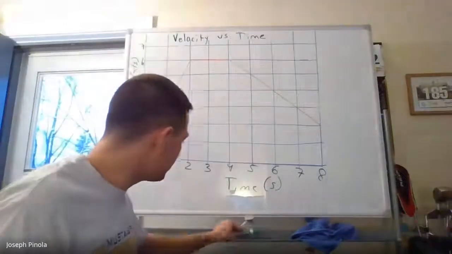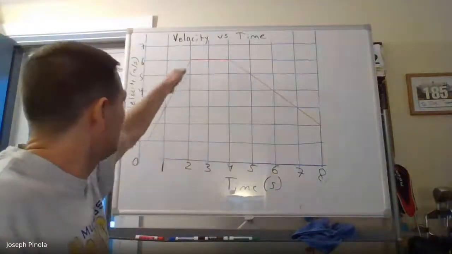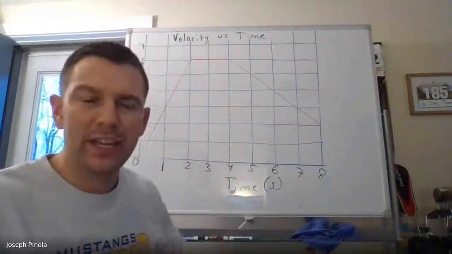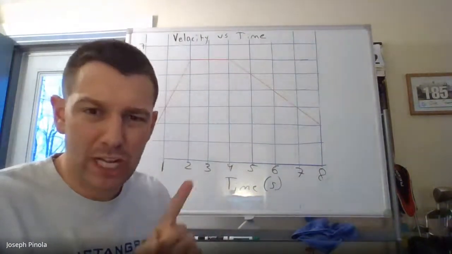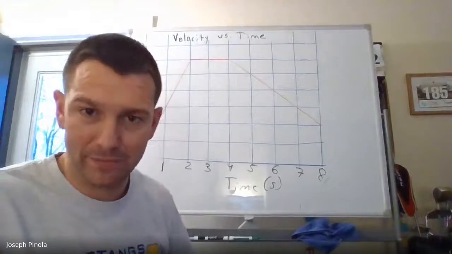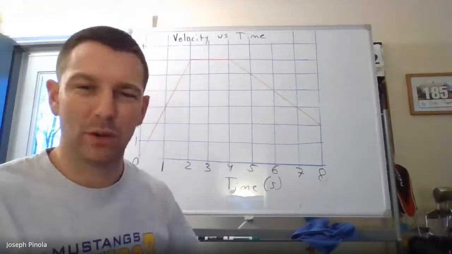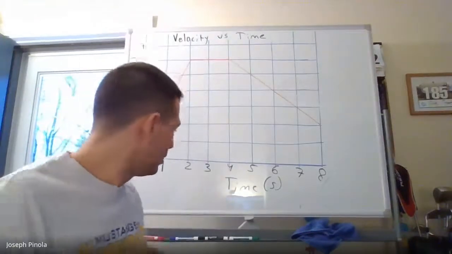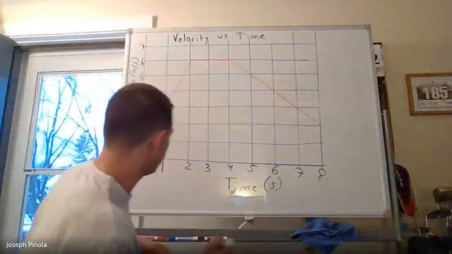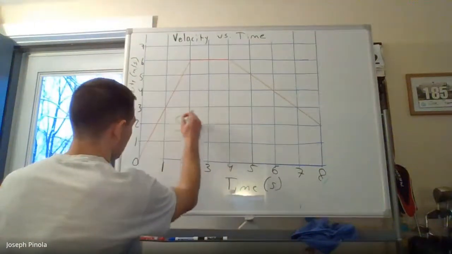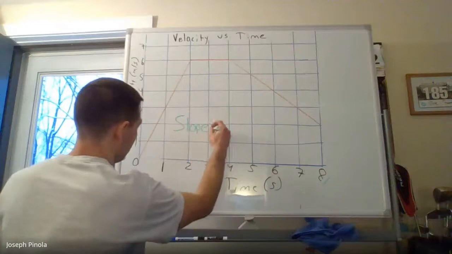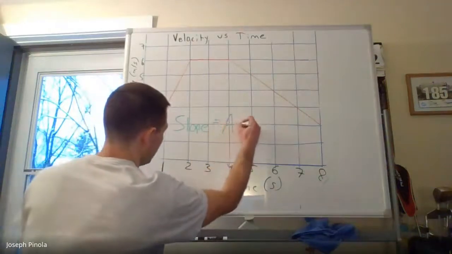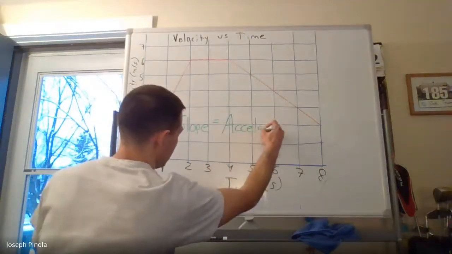Instead, if you see a steep line like this one on a velocity versus time graph, it means that your speed is changing very quickly. That would mean that your acceleration is very big. So, on a velocity versus time graph, the slope of the line tells you what the acceleration is.